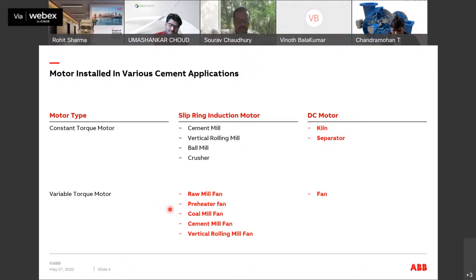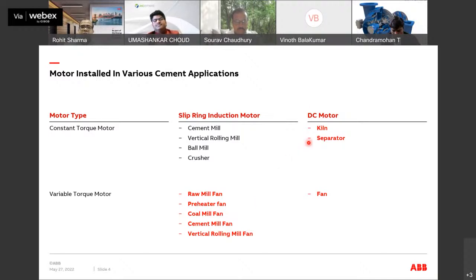These are the applications where we are supporting our users in all the cement verticals with the slip power recovery system, making it more energy efficient and matching with the recent updates and technology.